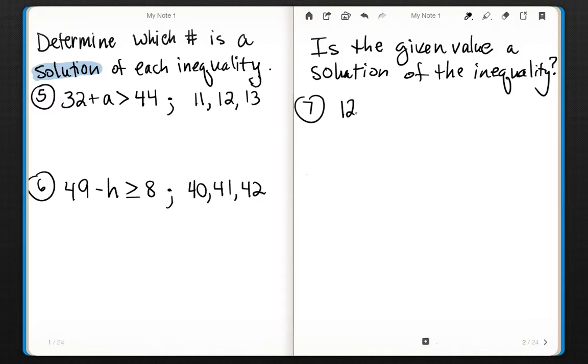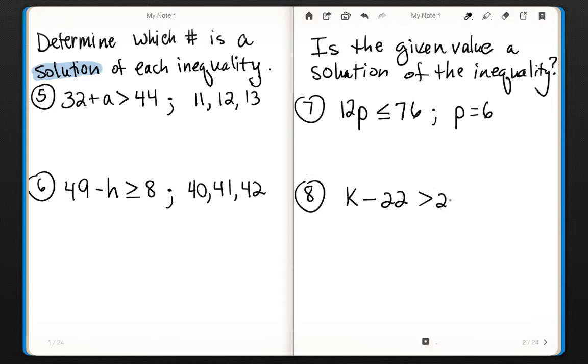Let's do 12P is less than or equal to 76, and P is equal to 6. And then number 8: K minus 22 is greater than 20, and K is equal to 38.